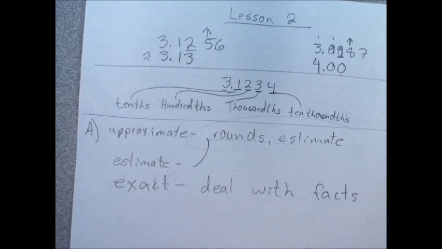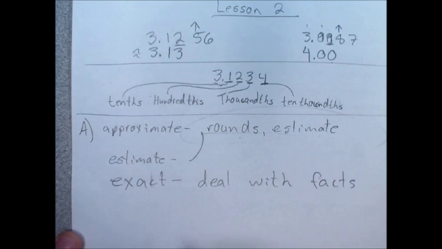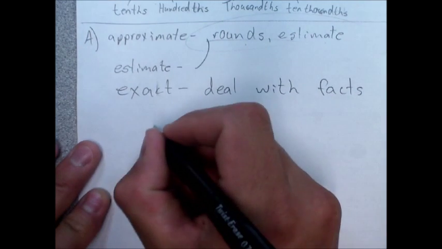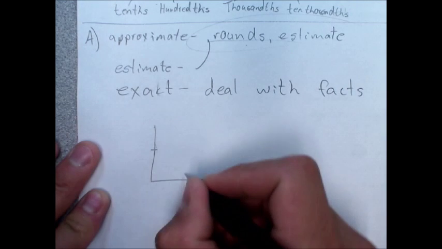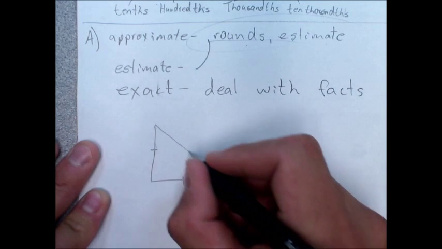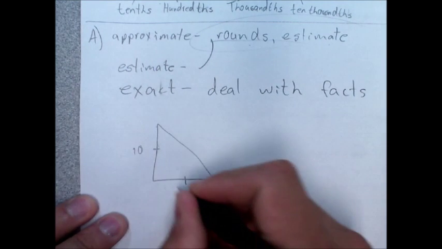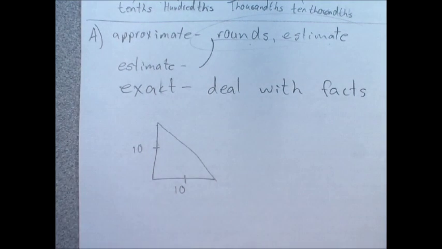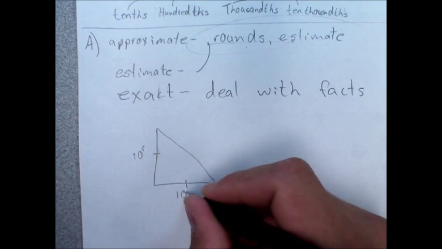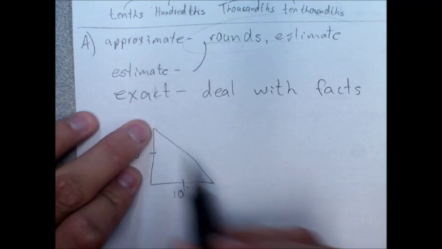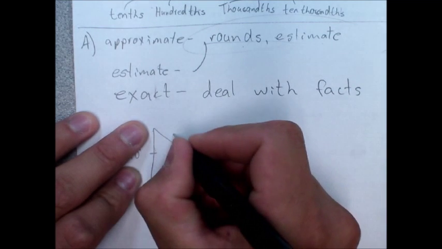So, even if the legs were exactly 10 inches, let's draw out an isosceles right triangle here. Isosceles right triangle says that this is congruent to this, and then, bam. Okay? So if this is 10, and this is 10 inches, and she measures this from here to here as 14.1.